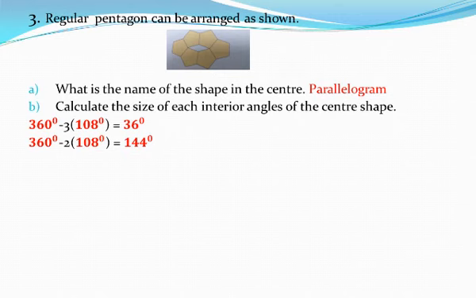To find the opposite angles, for the first two angles you can see three pentagons fit together, and each angle of a pentagon is 108 degrees. So the angle of the parallelogram is 360 degrees minus 3 times 108 degrees, which is 36 degrees. For the other two opposite angles, two pentagons fit together. So 360 degrees minus 2 times 108 degrees equals 144 degrees.